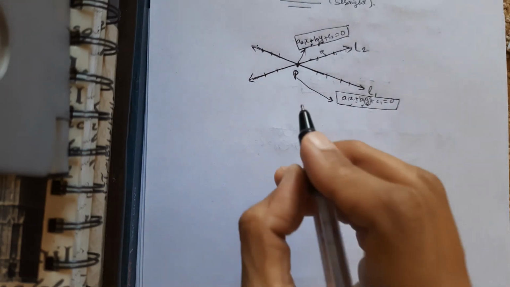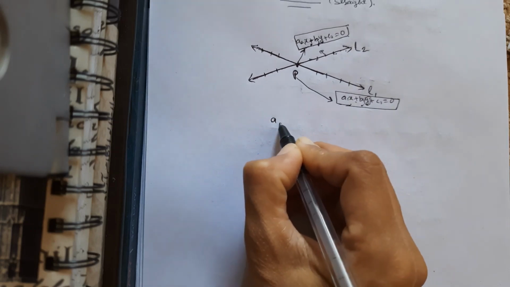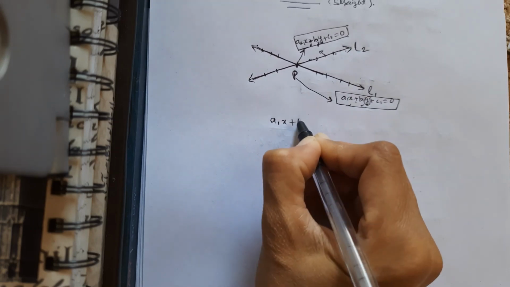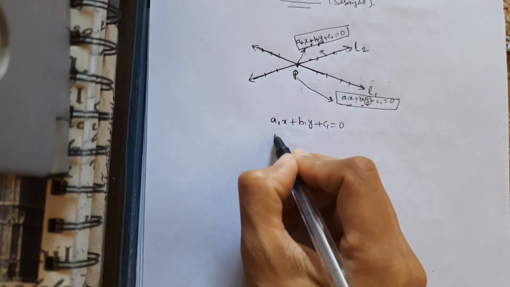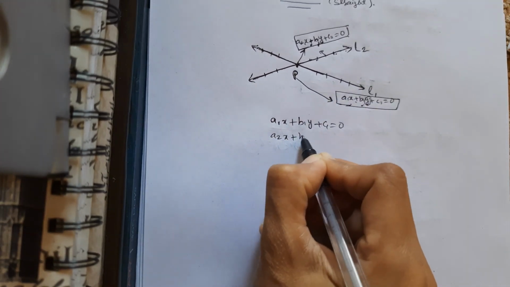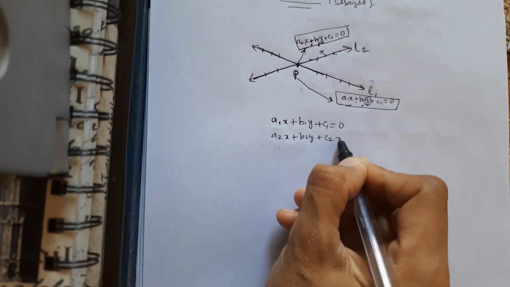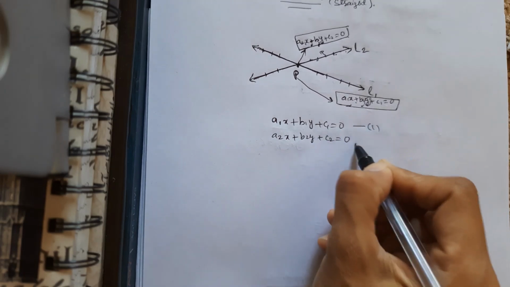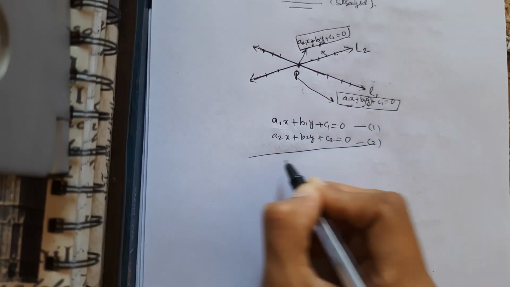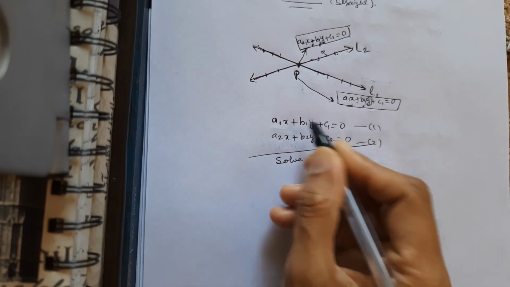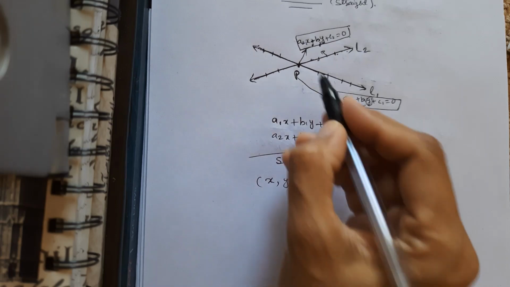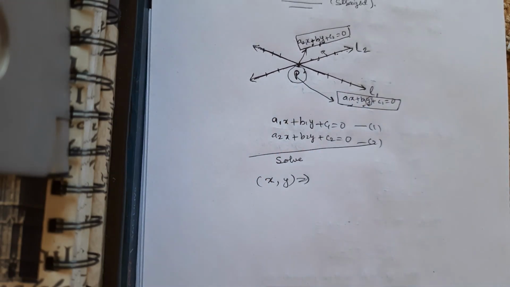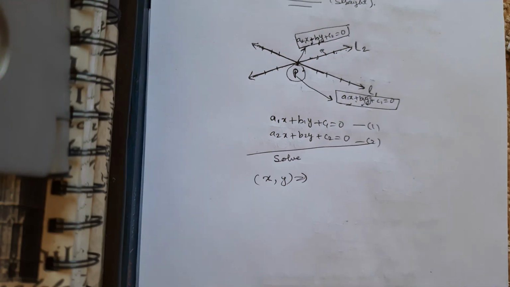In simple words, take the equation of one line, and the other is a2x plus b2y plus c2 equal to 0. Consider these as simultaneous equations and solve them, and whatever values of x and y you get, that is the point of intersection. That's how we find the point of intersection. It's very simple.